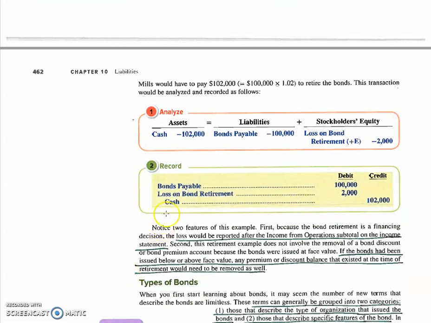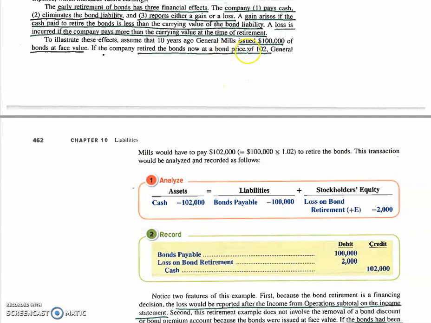But there you see bonds that were issued at face value are called for 102, which means 102% of their face value. So $100,000 in bonds are called at a bond price of 102. So 102% of $100,000 is $102,000.